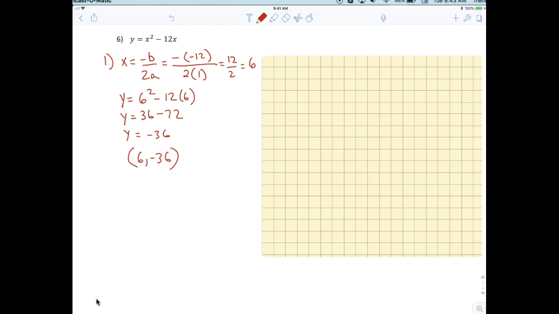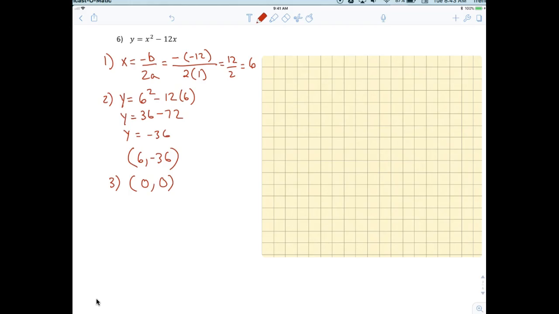Now we have a problem. Some people forget this. What is the y-intercept? Oh, because there is no c. If there is no c, the y-intercept is 0.